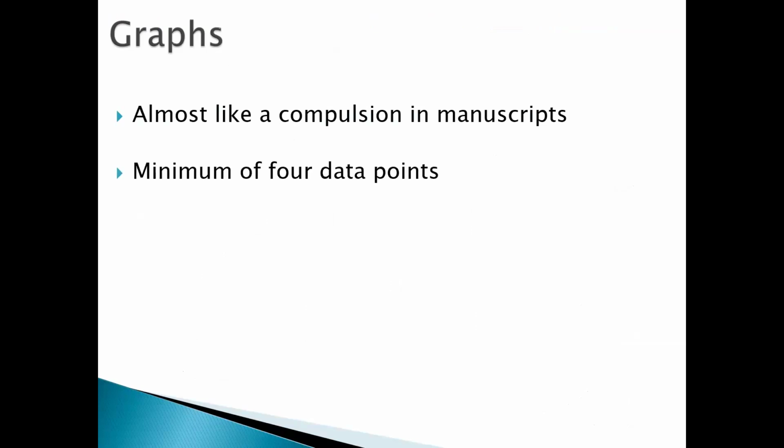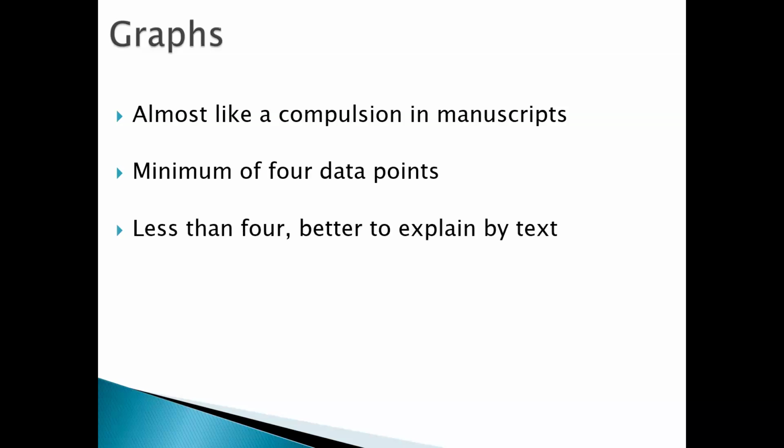The only problem is, again, graphs should be used wisely, only when you have an adequate amount of information. You need to have at least 4 data points to put a graph for that particular data. If you feel that the data is less, it is better to explain by text or maybe with some other image, but not with figures.